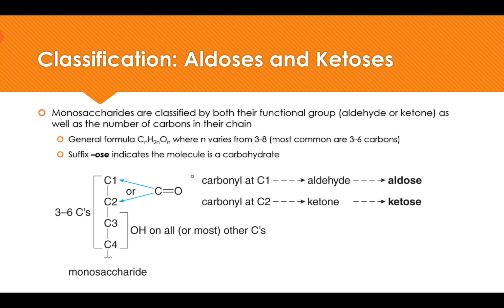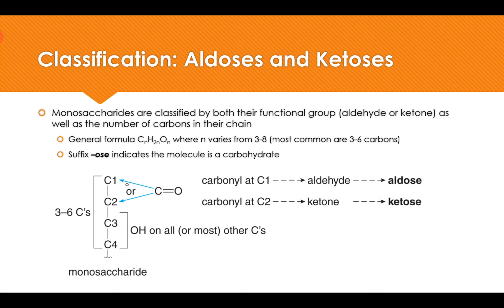So let's talk about how we determine the structure of our monosaccharides. Monosaccharides are classified both by their number of carbons and what functional group they have, and that's pretty much it.